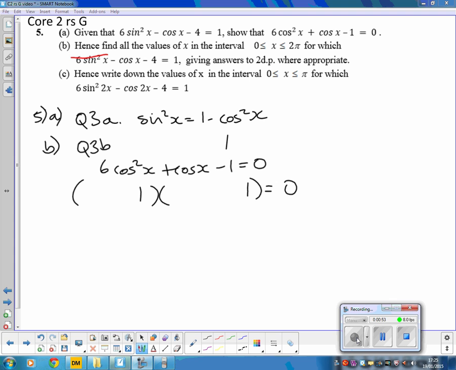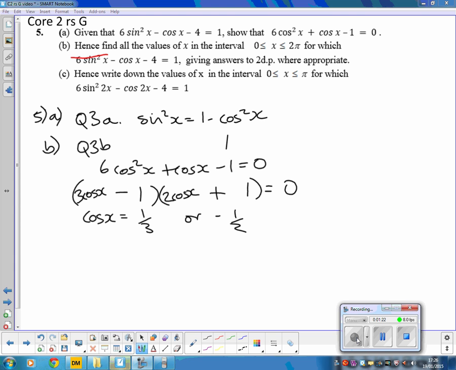Now we've got 6 cos x, so that could be 1 and 6 or 3 and 2. However, I want a difference of 1 to get the plus cos x in the middle. So 3 cos x, 2 cos x. I want plus x in the middle, so I want the 3 multiplied by plus and the 2 multiplied by negative 1. This tells me that cos x equals a third, or negative a half.